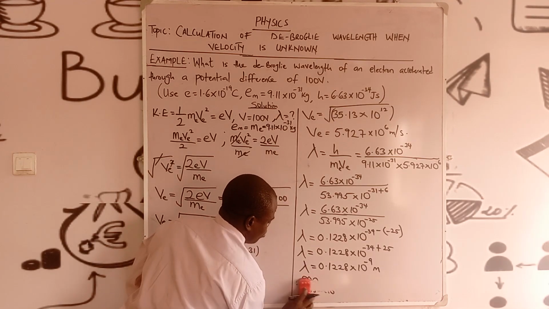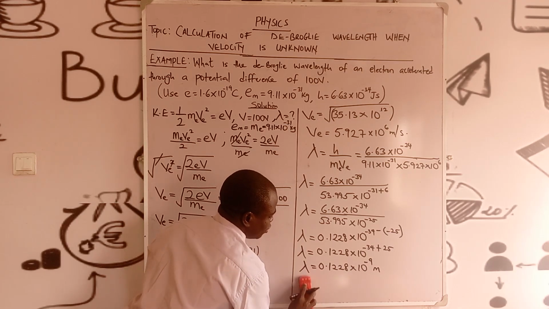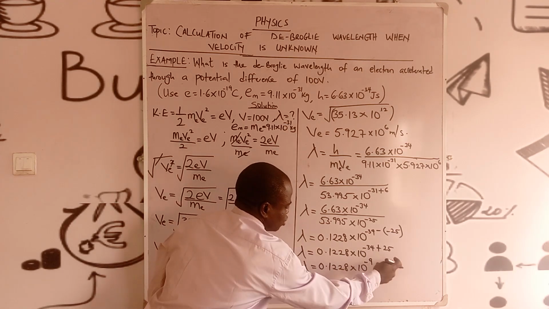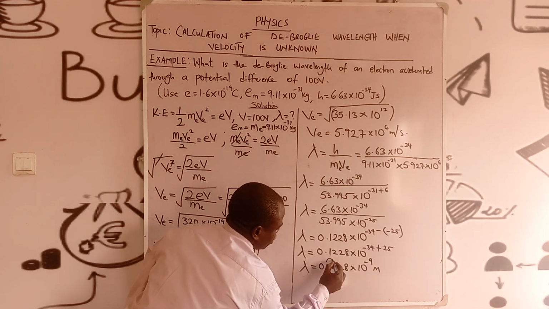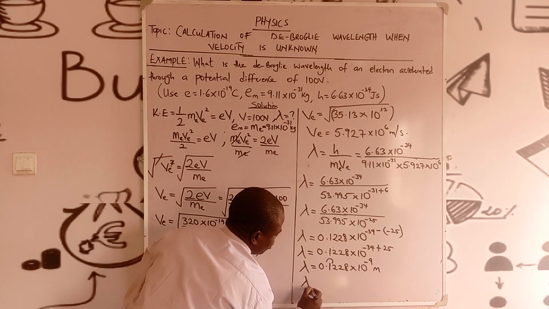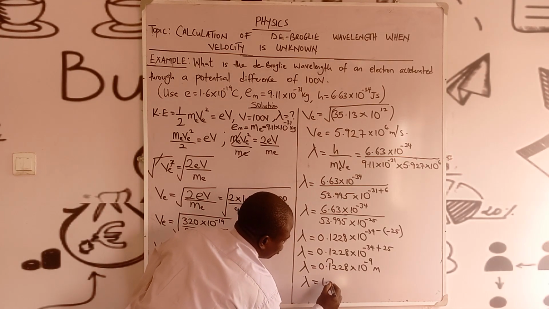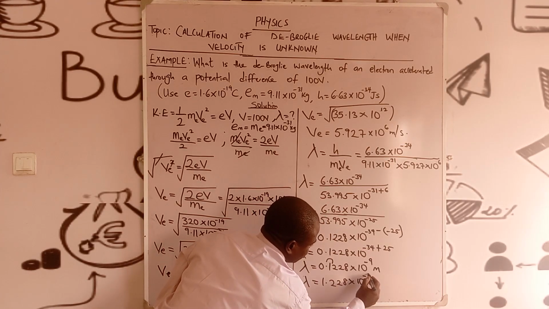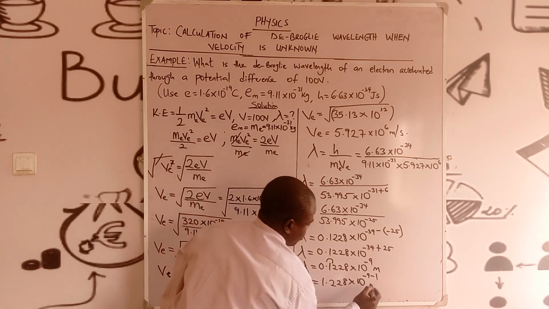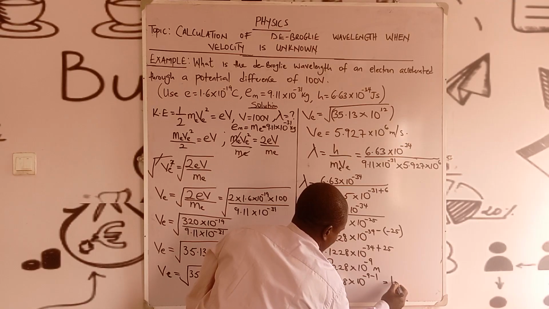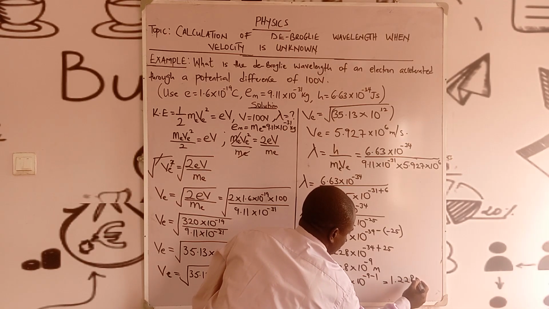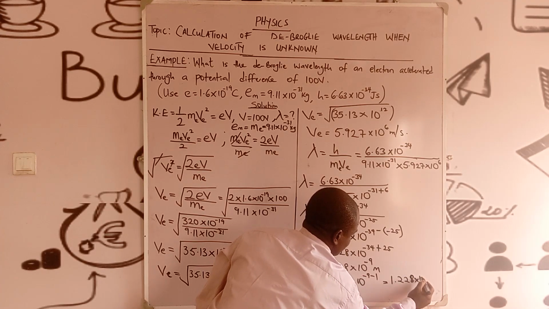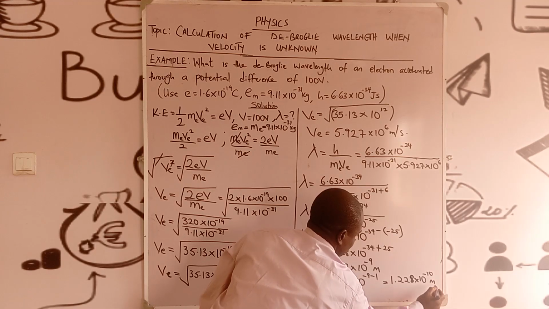But if you are shifting to the left, you introduce a negative. Now I shift like this once. The de Broglie wavelength equals 1.228 times 10 to the power minus 9 minus 1, which equals 1.228 times 10 to the power minus 10 meters.